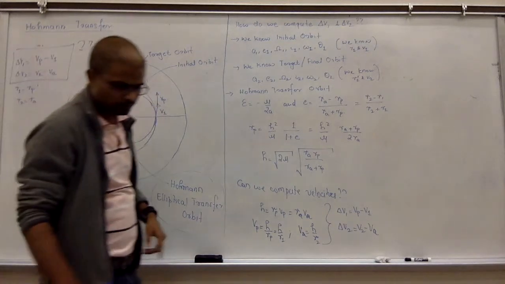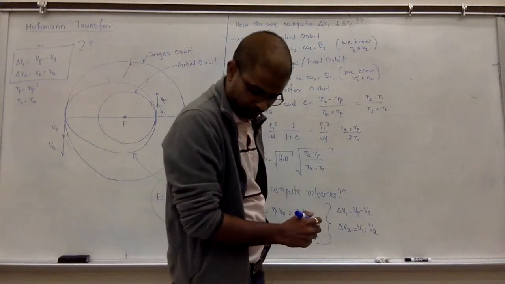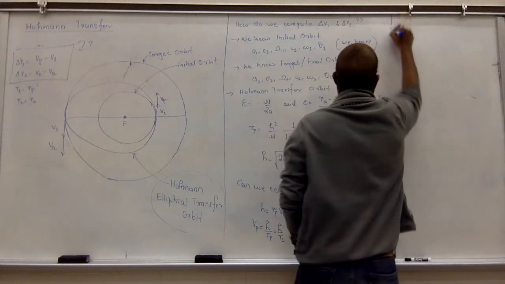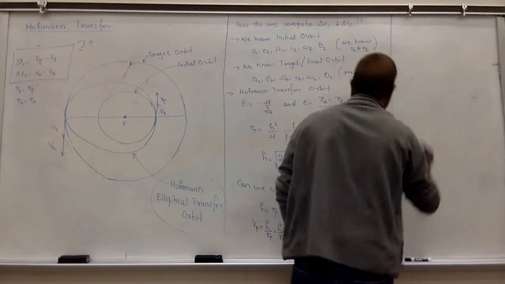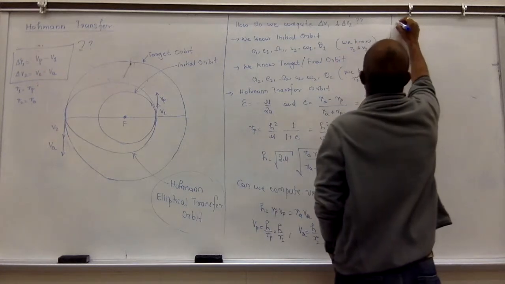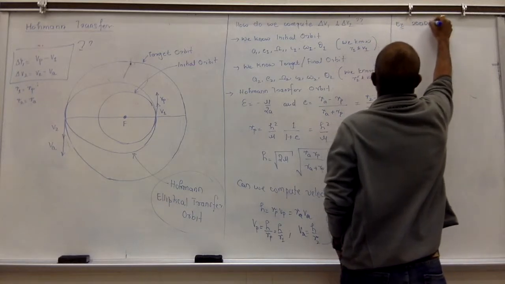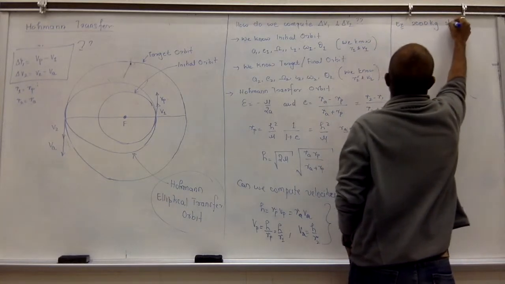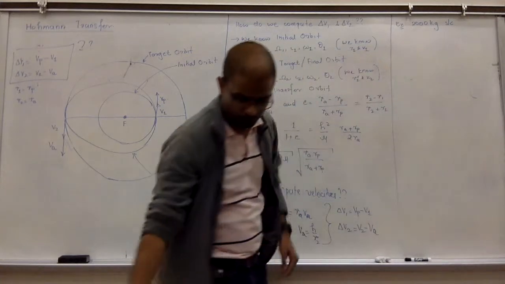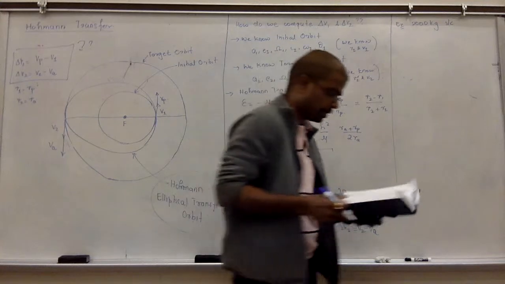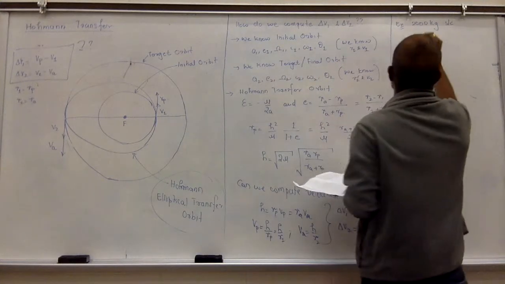Now let's take a quick look at an example. You have a 2000 kg spacecraft. It's in a 480 by 800 kilometer orbit.